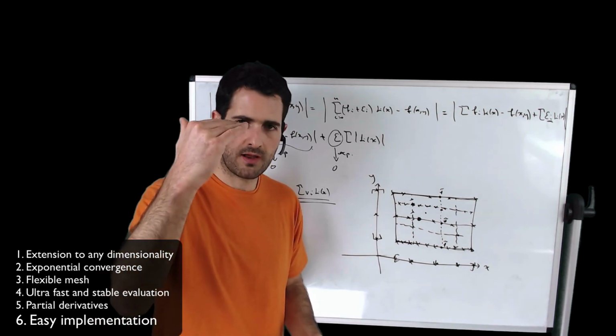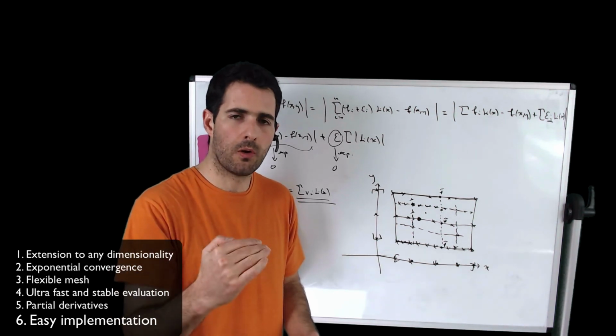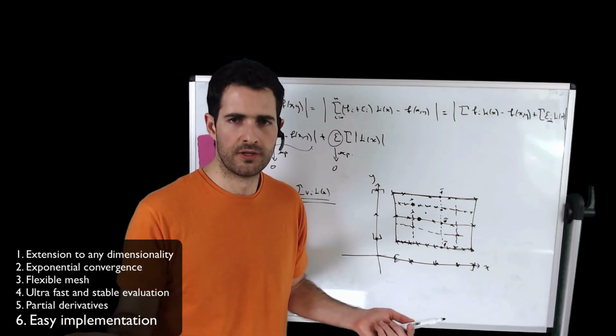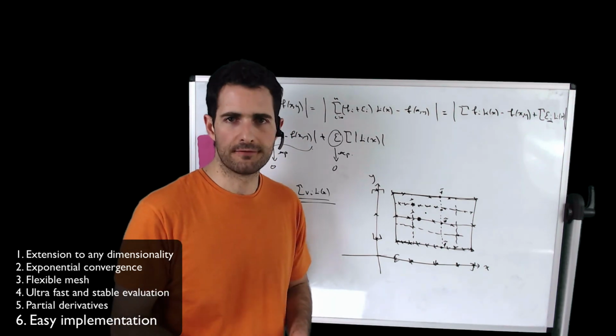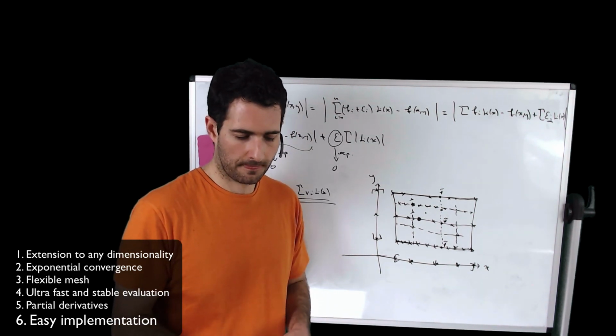You go from one dimension, you reduce it down to the one below, and then you reduce it down to the one below, and so on, until you exhaust all the dimensions, and you get the final value. So that's also another important aspect of the methodology.